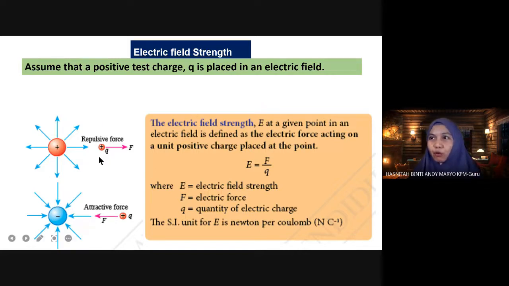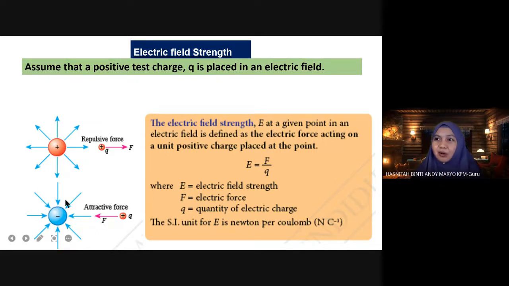So the force that exists here is called a repulsive force. This charge will be pushed away from the electric field. Why repulsive? The electrode is positively charged and the charge is also positive, so a repulsive force occurs. The repulsive force is experienced by the charge.